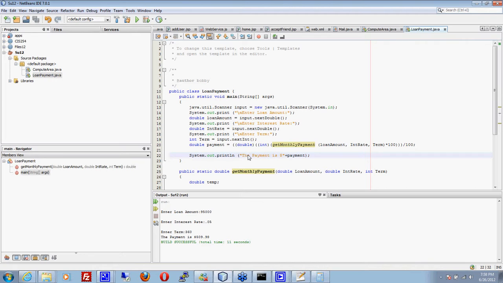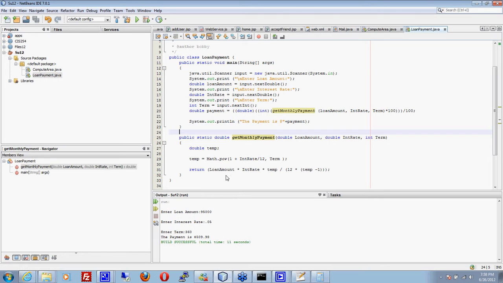What would you normally do? There's a couple of things you could do. One thing probably would be to simply create a method here, and get the monthly payment. Of course, I could also create another method here and just call it money. Or no, this will be a double.